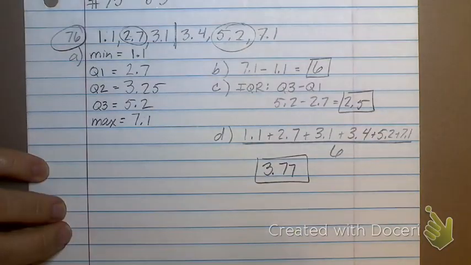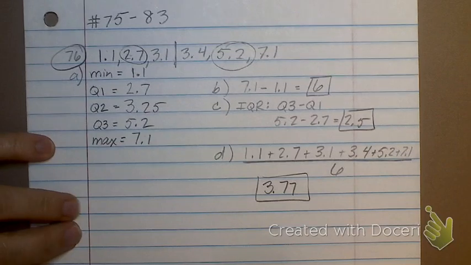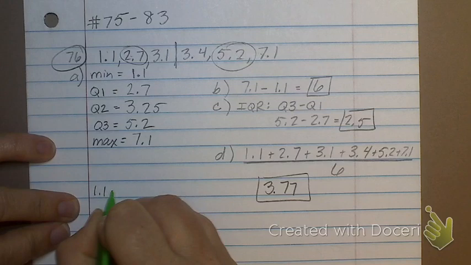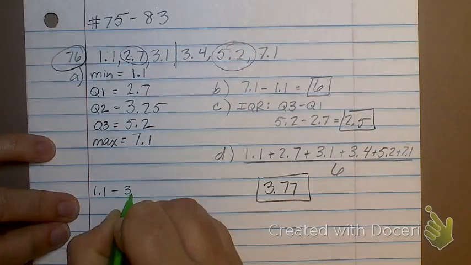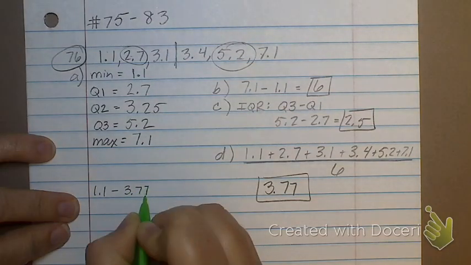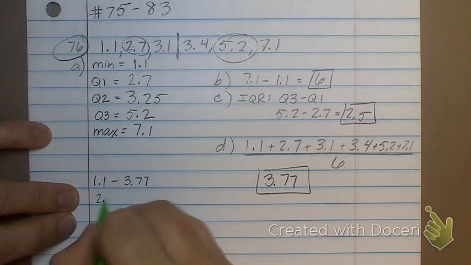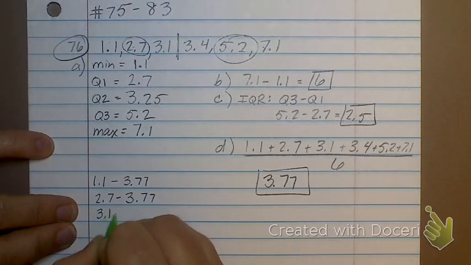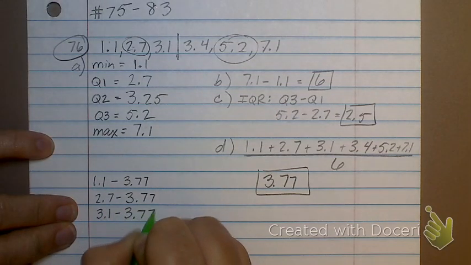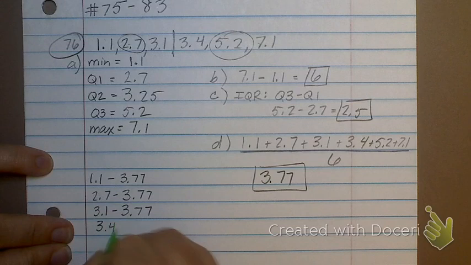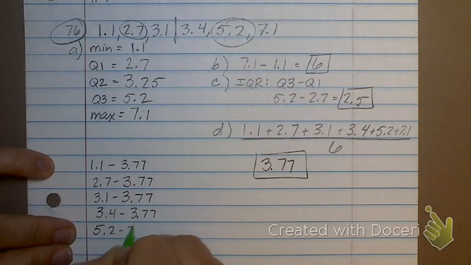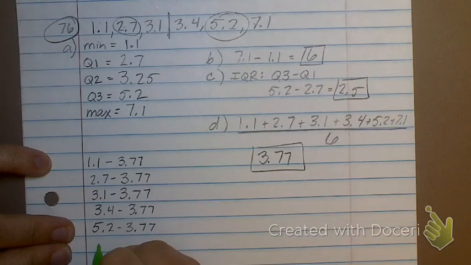Okay, so how do I find the standard deviation? Take the number, subtract the mean. Next number, minus the mean. Next number, minus the mean. 7.1 minus 3.77.